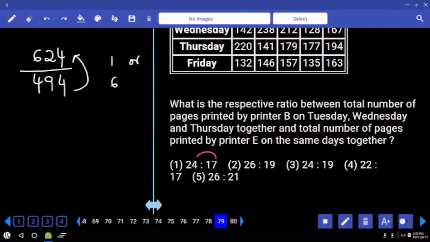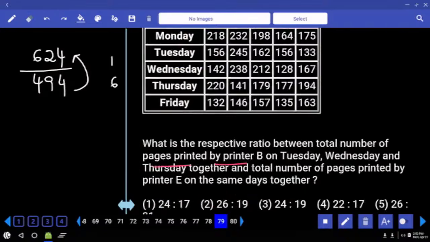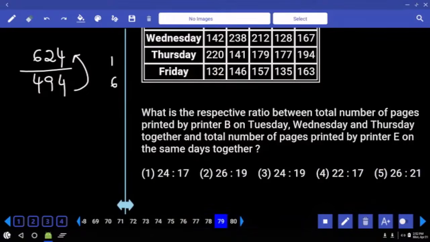ఇది అవ్వలేదు. ఇది అవ్వలేదు. Third option, fourth option, fifth option. 3 are there, correct? Now, go back to our original numbers. Observe first number.